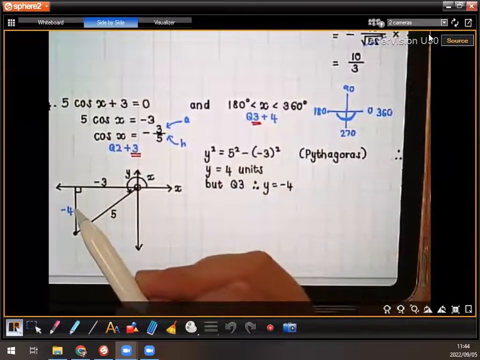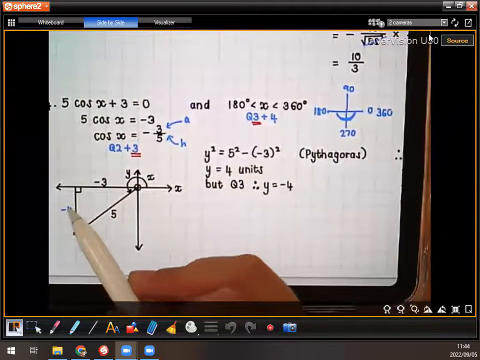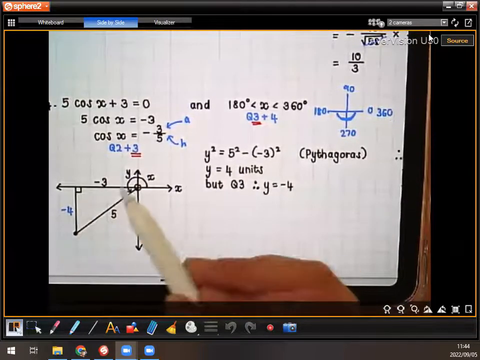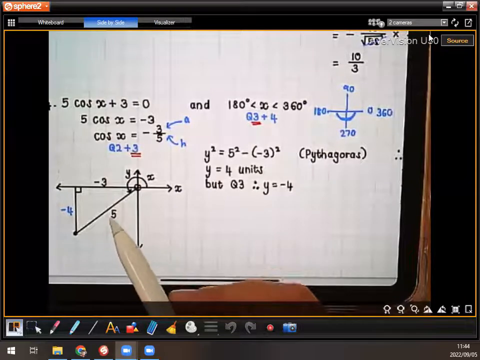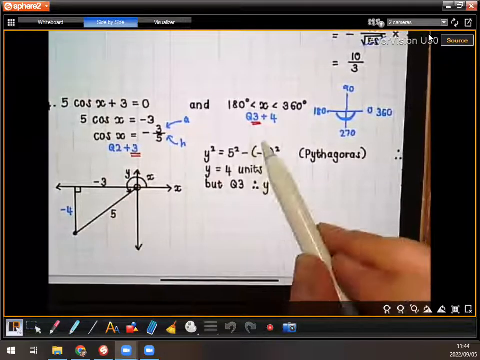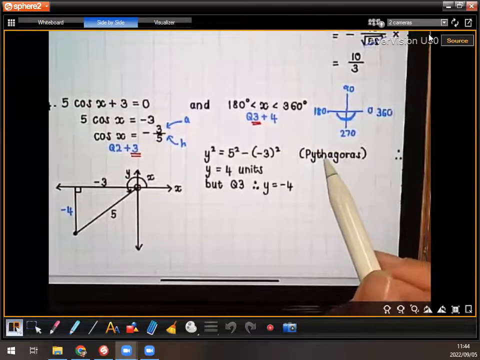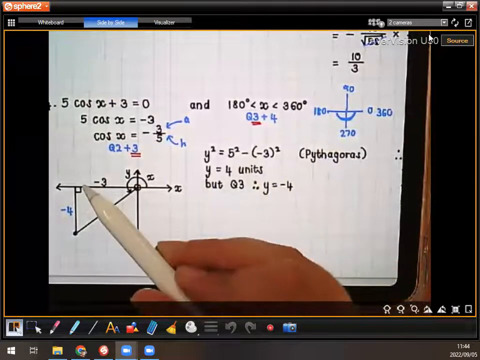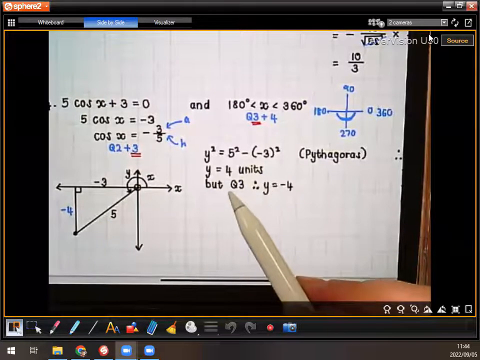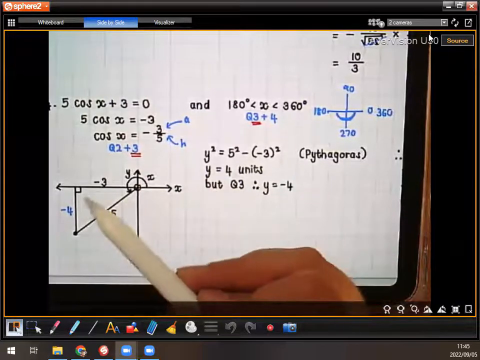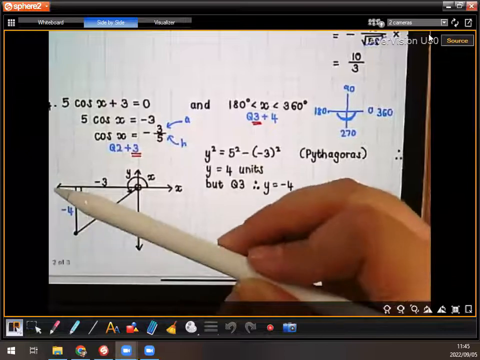You can see there. Now remember, this side that we're finding here is not the hypotenuse. So we can't add those 2 that we have together. You have to say hypotenuse squared minus the other one squared. Remember to write Pythagoras, guys, if you use it. So guys, the length of y is 4 units, but remember you have to check which quadrant it's in, right? Because it was in quadrant 3, it has to be -4.